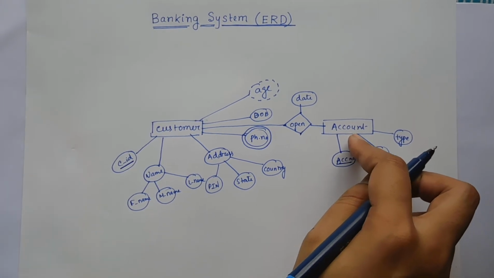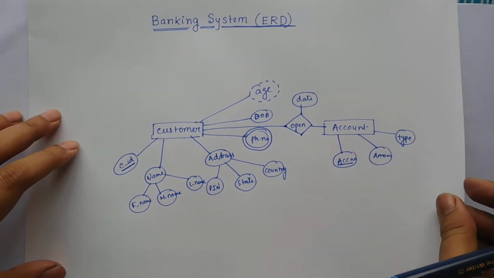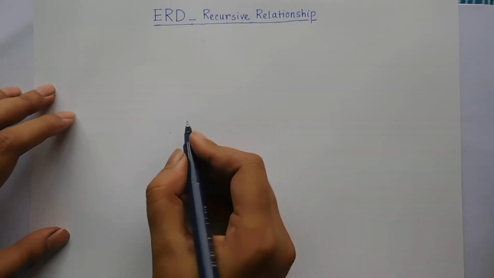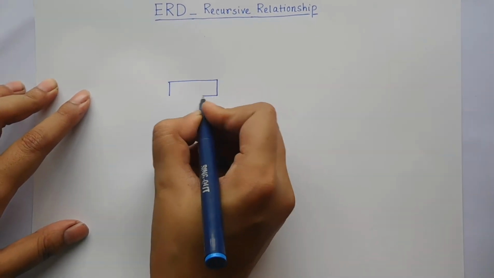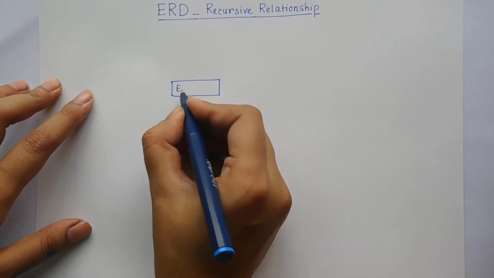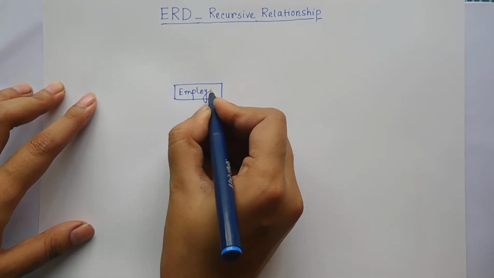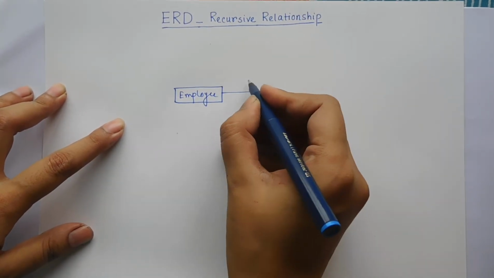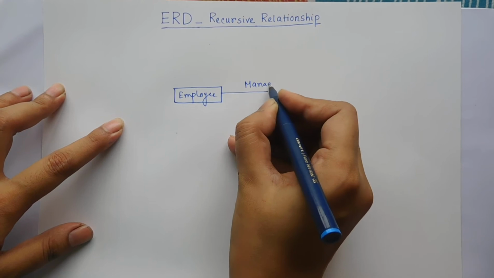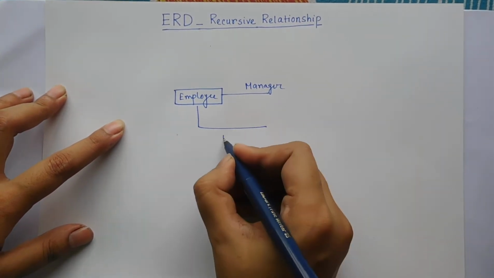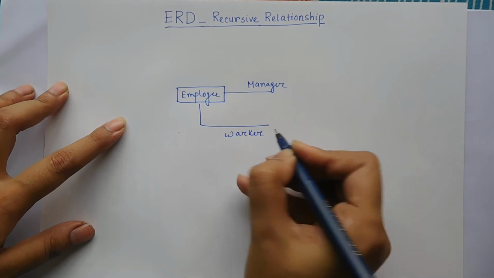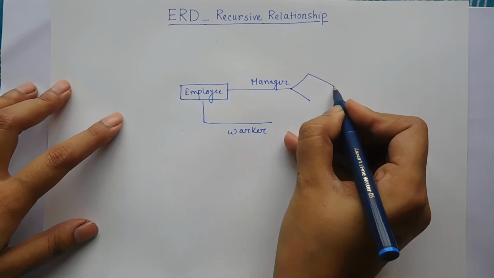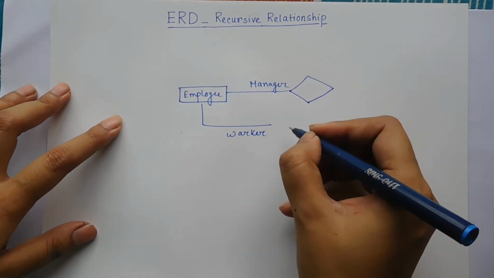In this way, we can also have a recursive relation. For example, consider a situation where a company has many employees. So employee is an entity. Now there may be a manager, who is an employee, and workers are also employees. Now there is a relation that worker reports to manager.